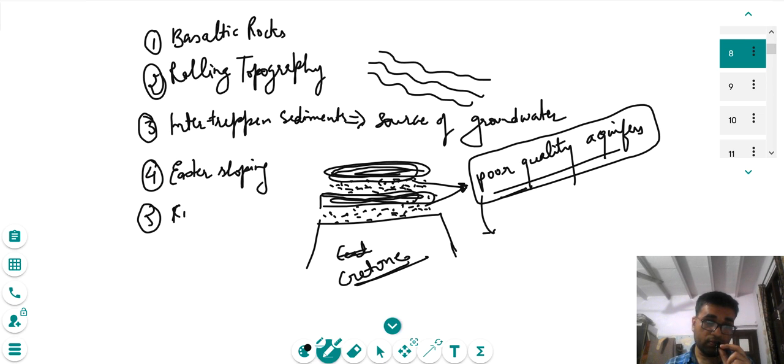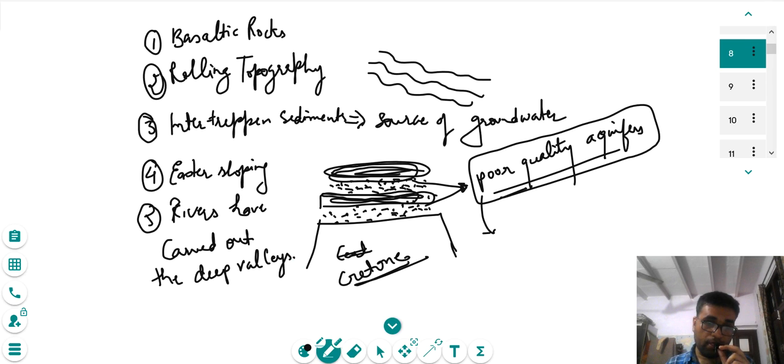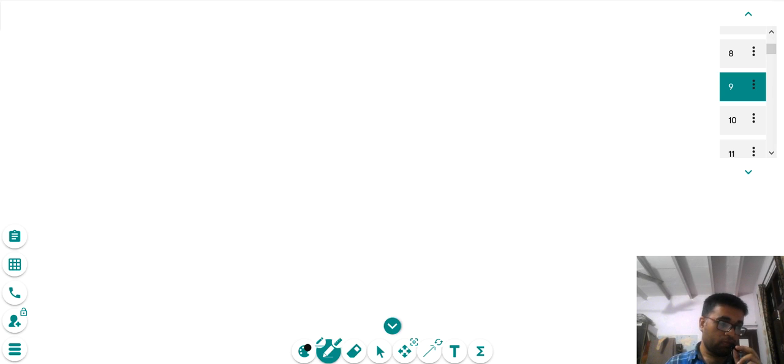Again, rivers like Krishna, Kaveri have carved out deep valleys here, right? So these are the features of the Deccan Plateau which you can mention. So this was the Deccan Plateau.